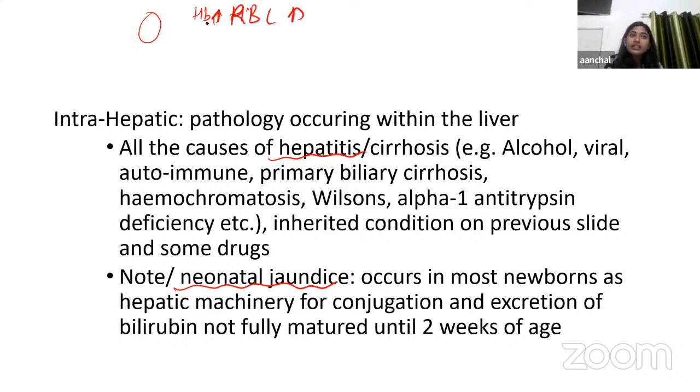After 3 days of life, these RBCs start to be destroyed. So there will be excess elevation of hemoglobin, and it leads to excess formation of bilirubin, right? And because the hepatic machinery for conjugation and excretion of bilirubin is not fully mature until 2 weeks of age, neonatal jaundice is very, very common.